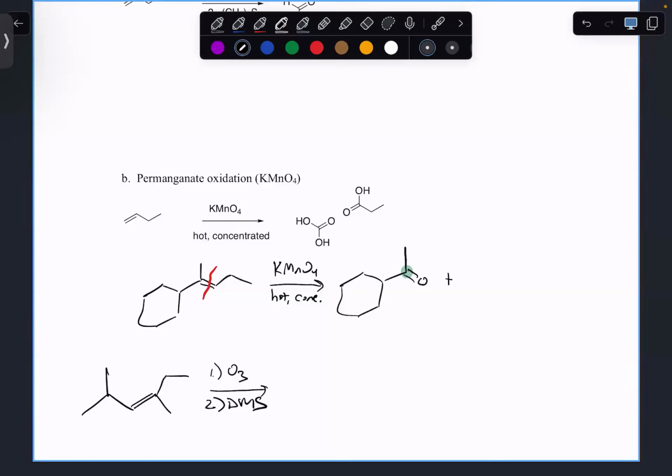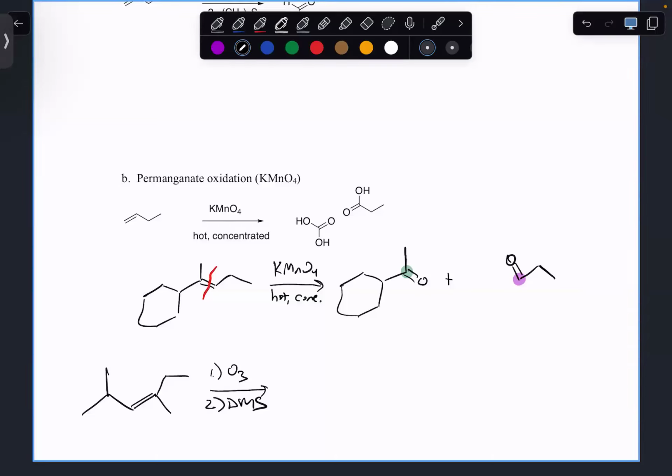That's one half. Now we're going to do the right-hand half. So the right-hand part of this molecule is just, what, 1, 2, 3 carbons? 1, 2, 3. And then here again, it is that carbon that used to be double bonded to the other carbon. So now it is going to be double bonded to oxygen.